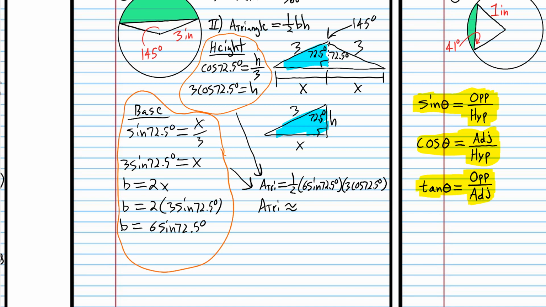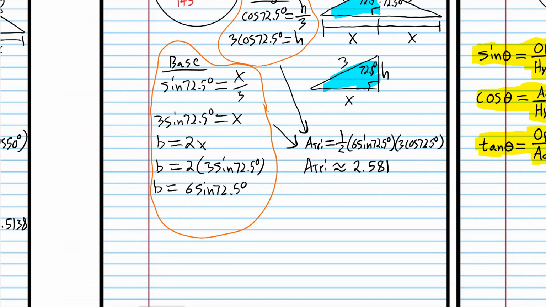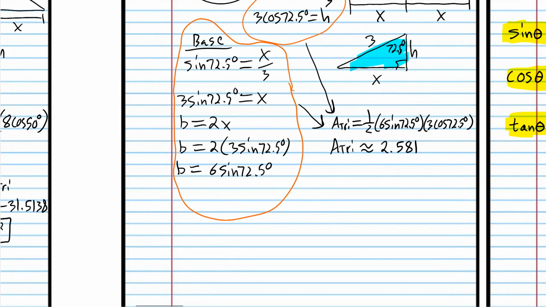So 1/2 is 0.5, so 0.5 times 6 times sine of 72.5 equals, then times 3 equals, then times cosine of 72.5 equals. So the area of the triangle is 2.581. And the next digit is just a 0, so we don't have to write that.